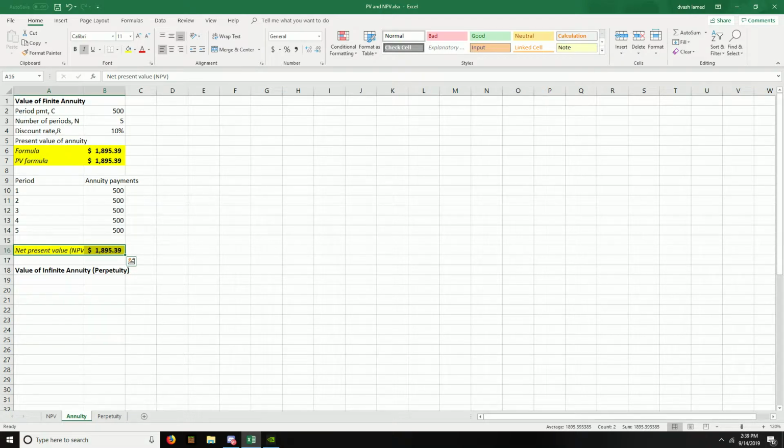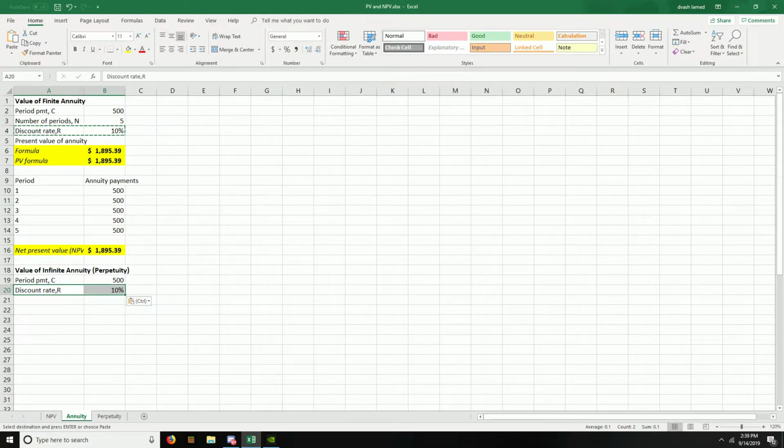So next we can look at an infinite annuity, which is also called a perpetuity. The difference between this and the annuity is that the number of periods is infinite or undefined. So to do this, we just need our periodical payments and discount rate. We can just use the same values.